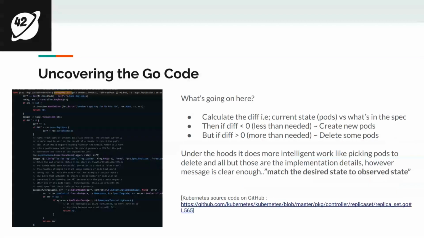Now, if we move on here, again, it's a pretty difficult to see type of screenshot, but the idea is not to go deep into what this code is trying to do and in which language or runtime it is written. So it's Go code, a snippet of Go code. Kubernetes is written in Go, and if you do not know Go or have not programmed enough in Go, that's perfectly fine.